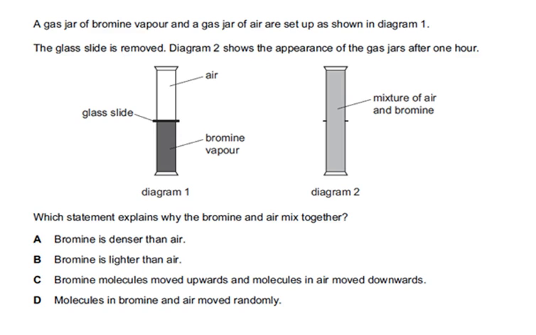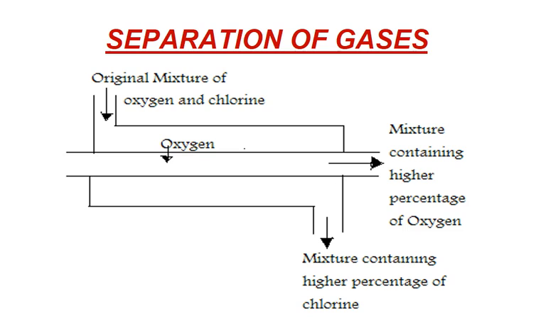This is because what? Bromine is denser than air, or bromine is lighter than air, or bromine molecules move upwards and molecules in air move downwards, or is it because molecules in bromine and air are moving randomly? Remember that this is because molecules in bromine and air are moving randomly, so your answer is D.